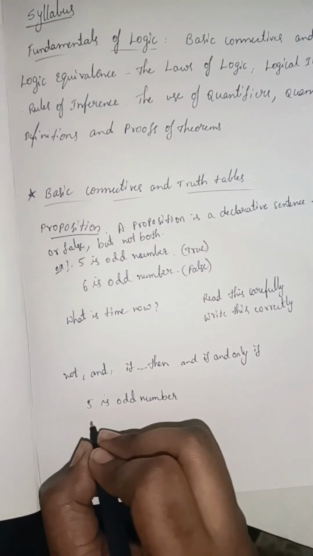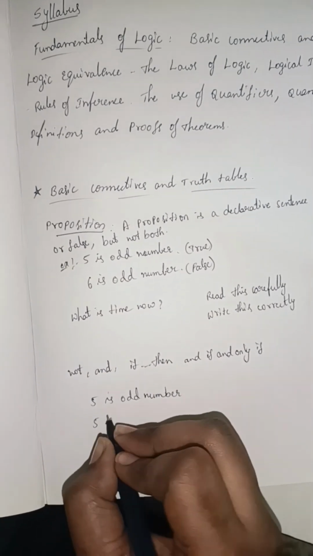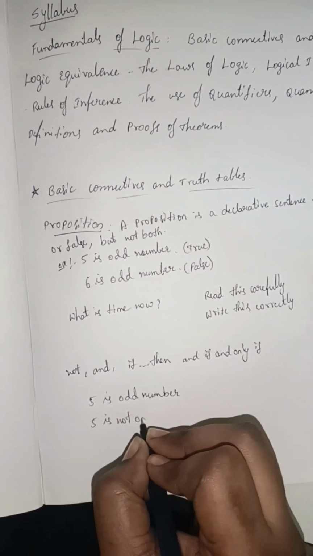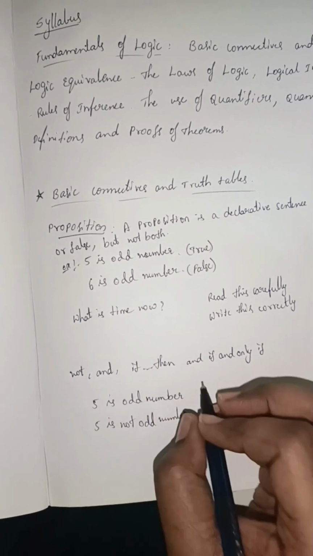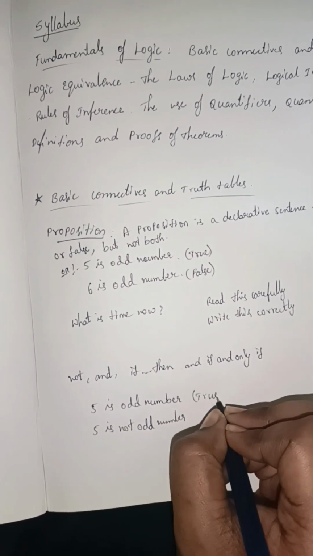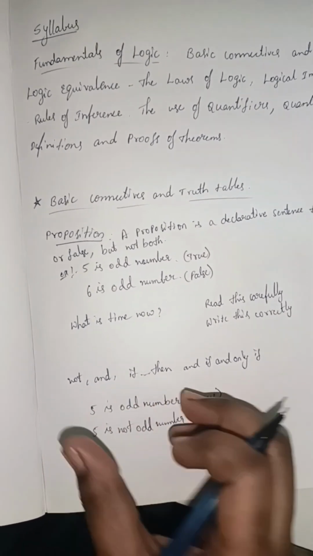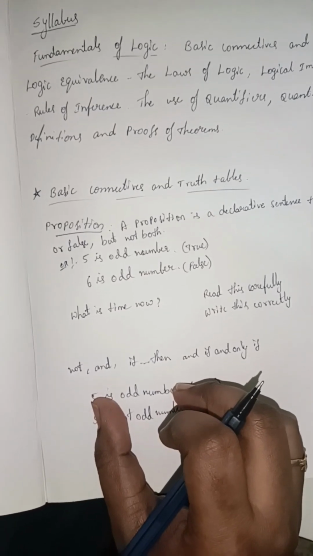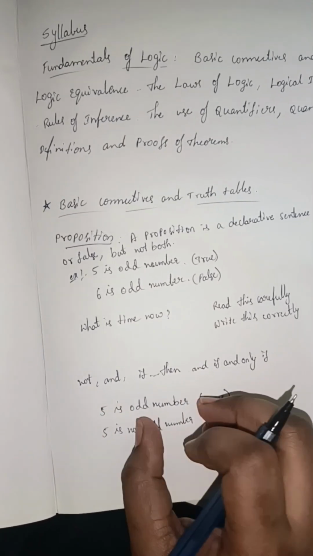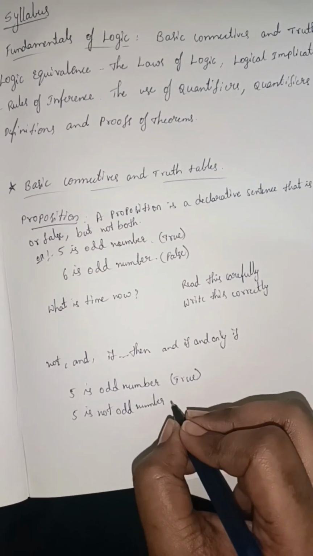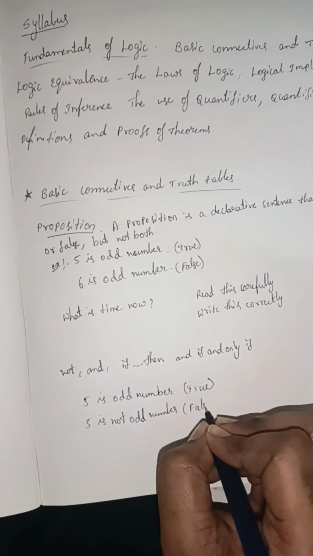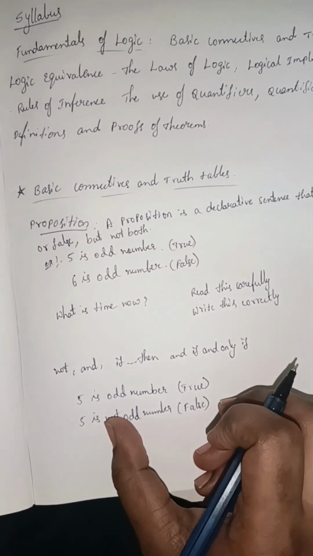With not, 5 is not an odd number. This shows that if a true statement is there, when the logic is applied, it becomes a not proposition, that means a false statement.